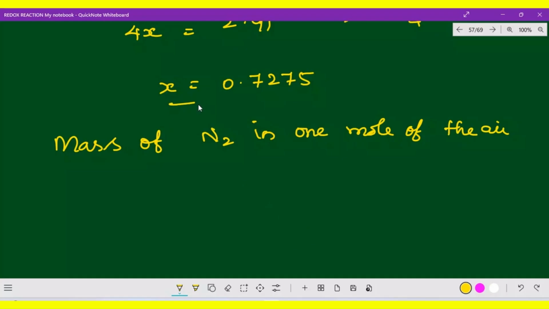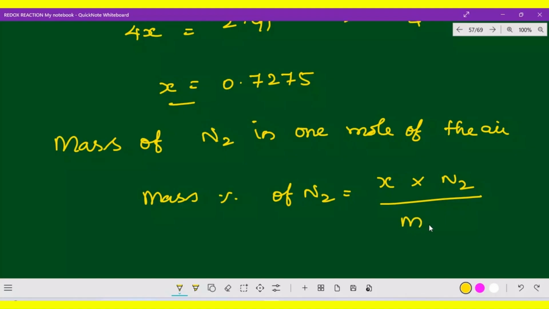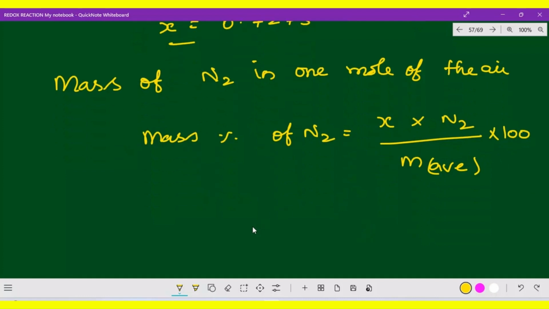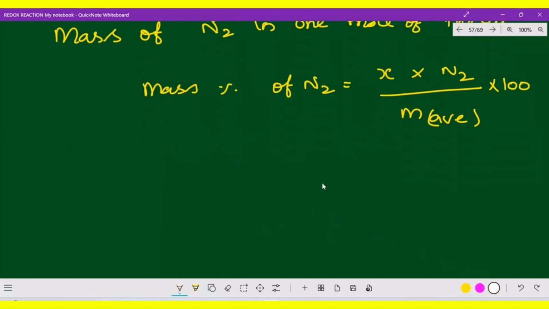So the mass percentage of nitrogen, out of the total mass of 1 mole of air, is x into molecular mass of nitrogen divided by the average molar mass, into 100.